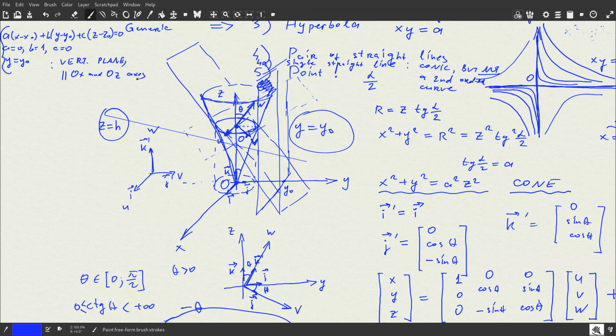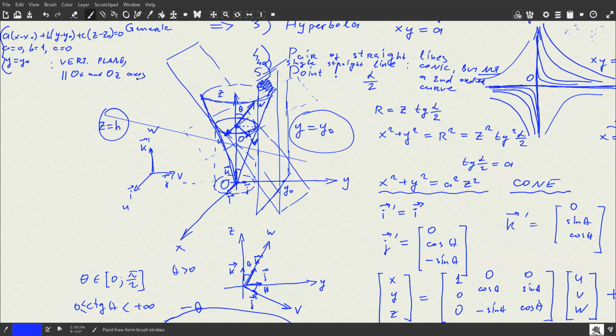We have x squared plus y squared, with y equals y0 in this case, equals a squared times z squared.